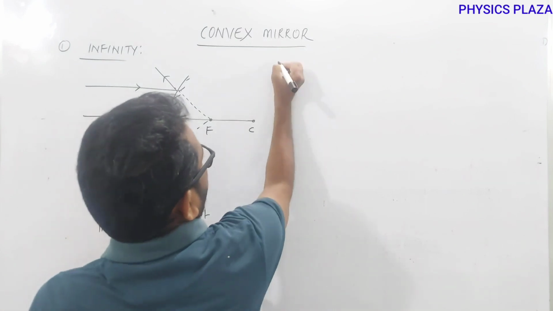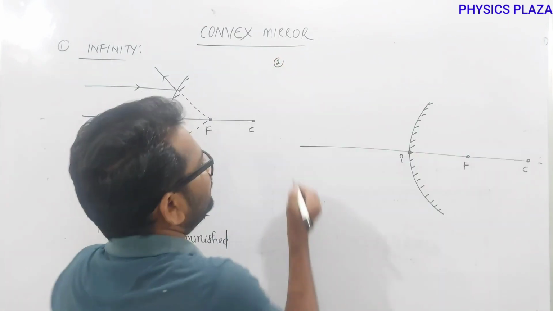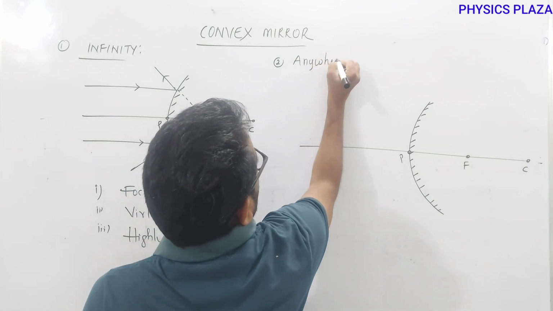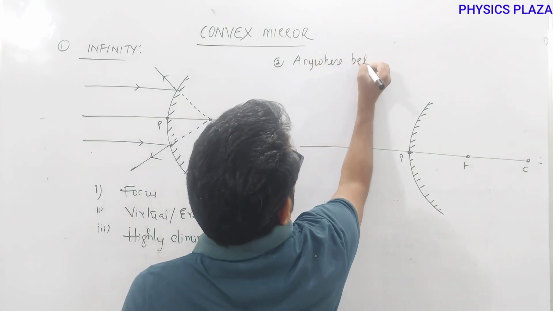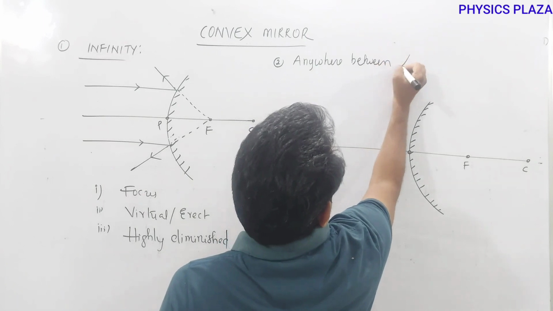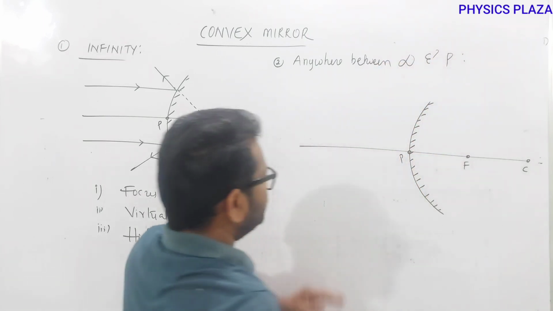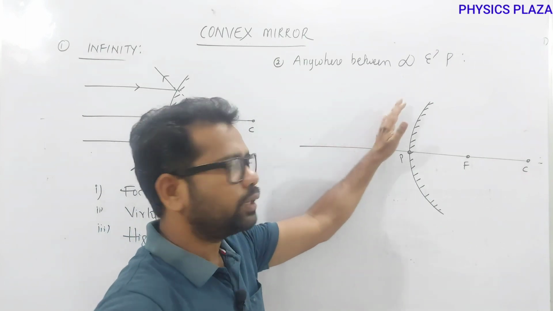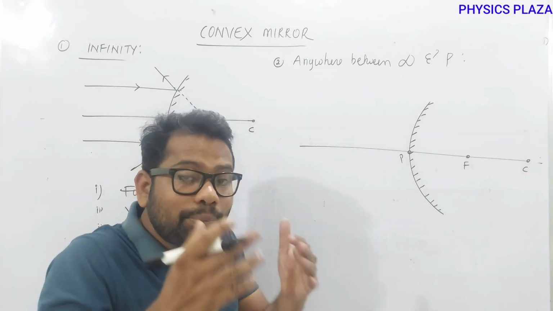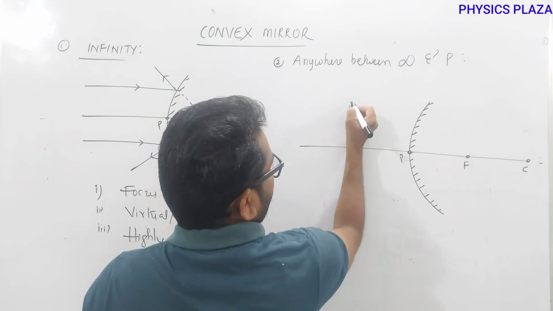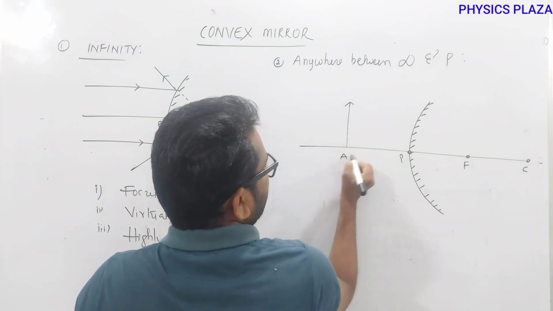Fine children. Now let us take the second case, where the object is placed anywhere between infinity and pole, that is, the mirror. Let us see here. Let us take this object AB.